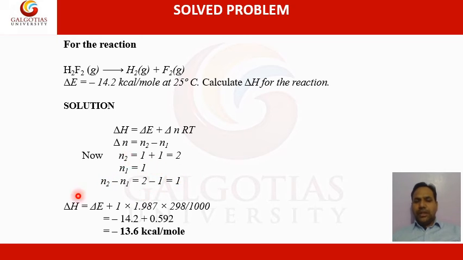Putting this value, delta H is equal to delta E plus 1 into 1.987 into 298, where 25 degrees centigrade is converted to Kelvin, divided by 1000. So we get minus 13.6 kilocalorie per mole. This type of problem will be asked in examinations.